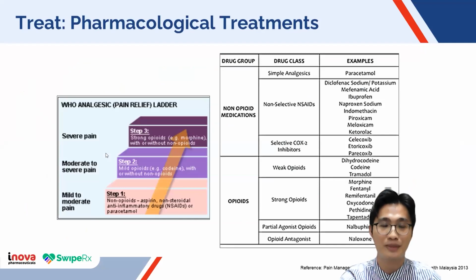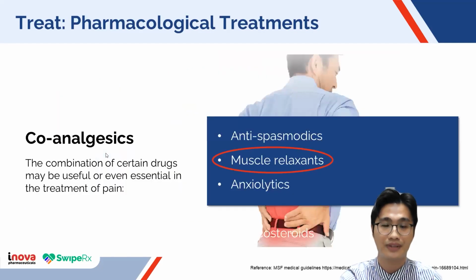For pharmacological treatment, we can always refer to the pain ladder, and there are non-opioid medications and opioids you can choose from. Besides all the opioids and non-opioids medications, there are also analgesics, antispasmodics, muscle relaxants, and also anxiolytics. We'll be focusing on muscle relaxants today.